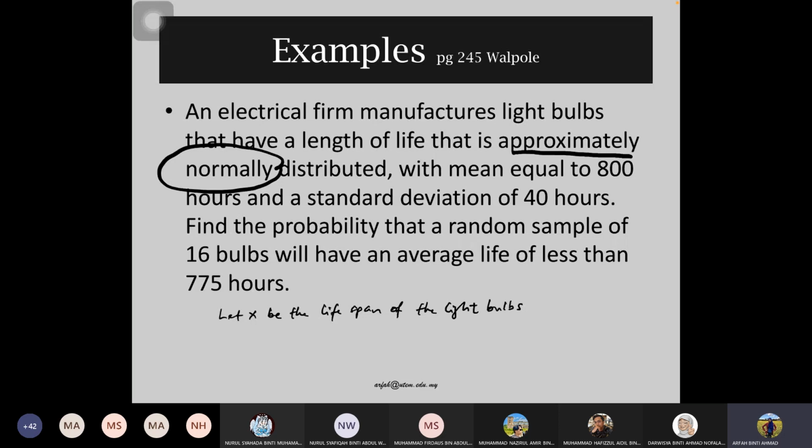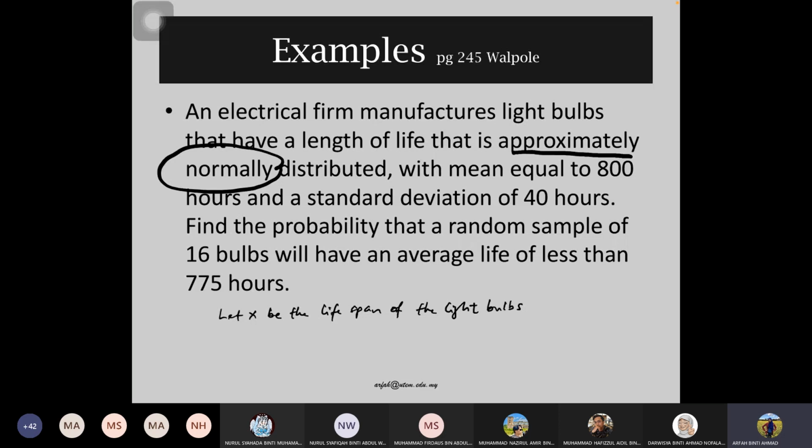Are the values 800 and 40 from the sample or from the population?